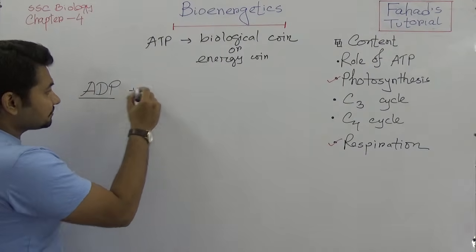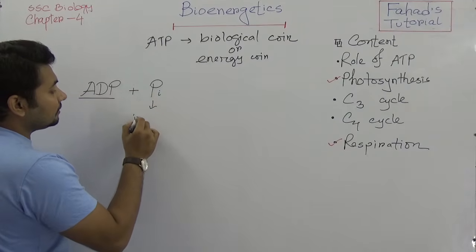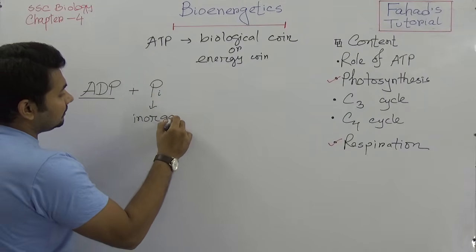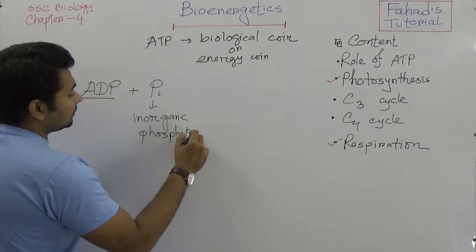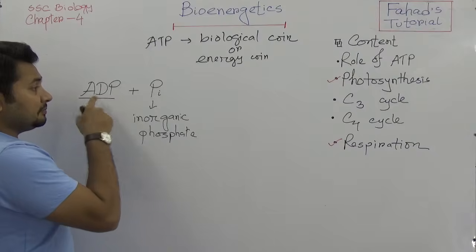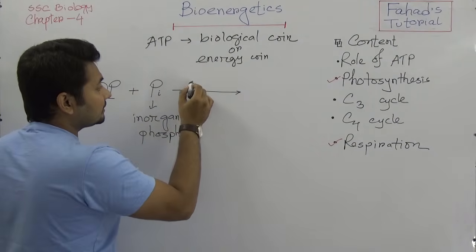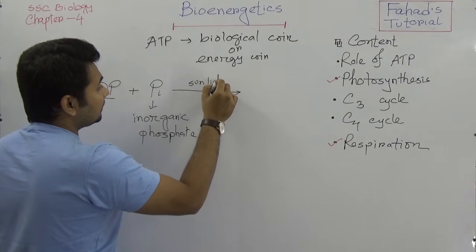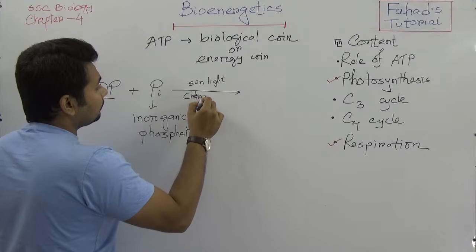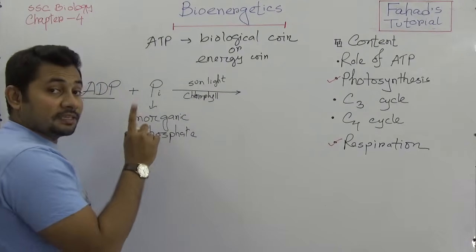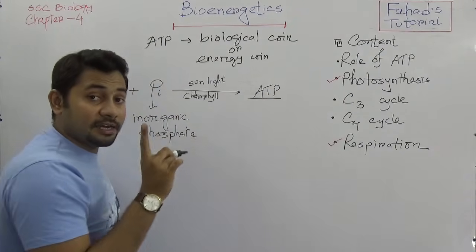When an inorganic phosphate attaches with ADP with the help of sunlight and chlorophyll, it will produce ATP, which is triphosphate.